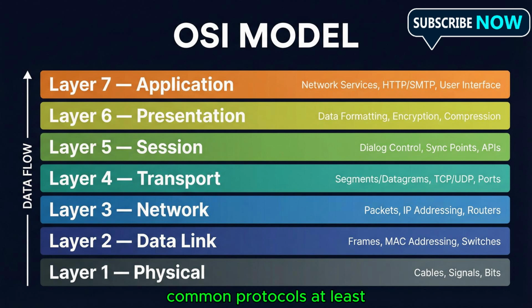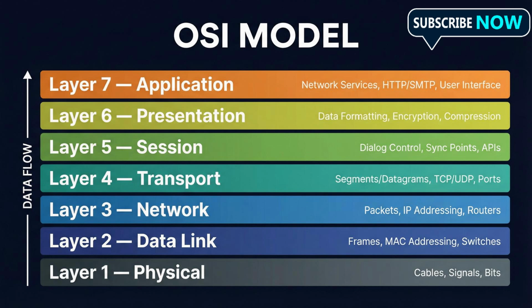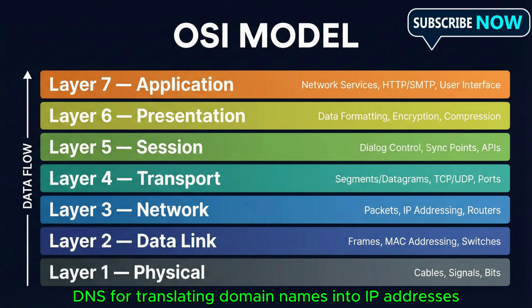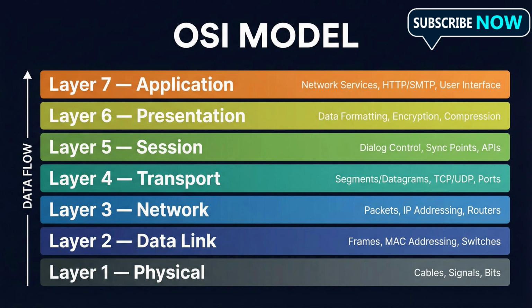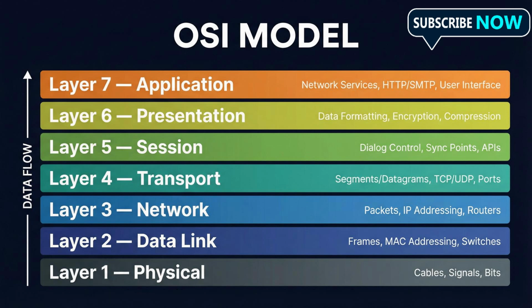Common protocols at layer 7 include HTTP and HTTPS for web browsing, DNS for translating domain names into IP addresses, FTP for file transfer, SMTP for email. DNS acts like the phone book of the Internet, allowing users to navigate the web using names instead of numbers.